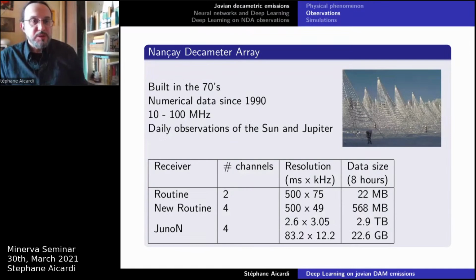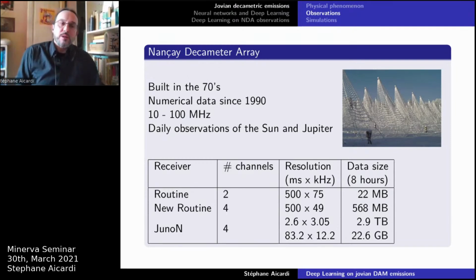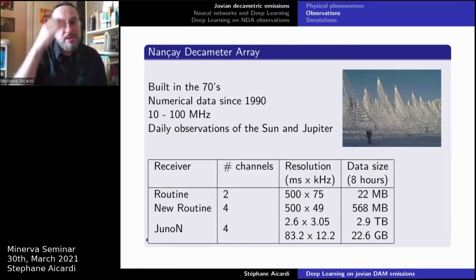The Nancy decameter array was built in the 70s, and it has used a numerical receiver since 1990. It observes daily the Sun and Jupiter. We have now 3 main receivers for Jupiter. One that is routine, which is low resolution.